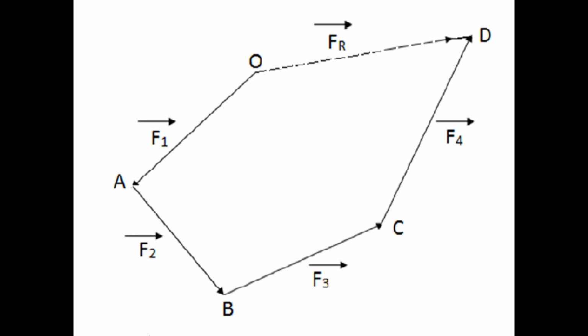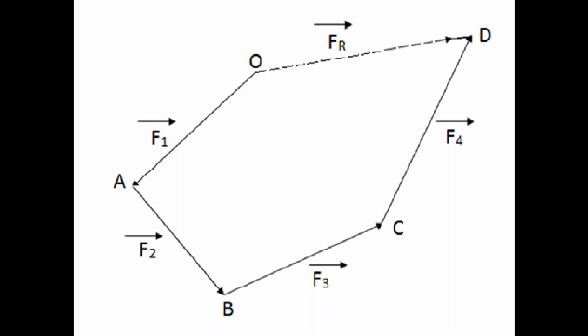By using this polygon law of forces, we can determine the resultant force Fr bar of a number of coplanar concurrent forces, not only 4. For your understanding, I consider only 4 forces, F1 bar, F2 bar, F3 bar, F4 bar.